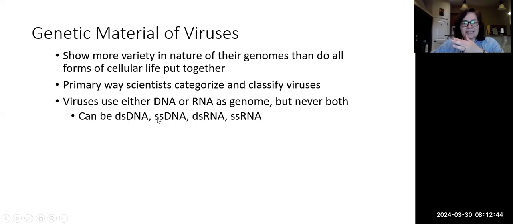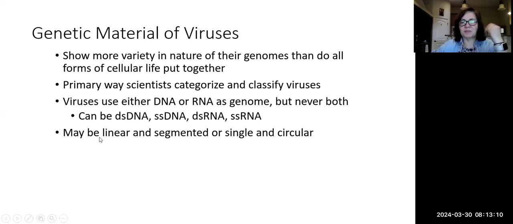And the DS and the SS stand for double-stranded or single-stranded. And again, more bizarro world. Could be DNA that's double-stranded like we have, but there's some that have single-stranded DNA, some that have double-stranded RNA. What? Some have single-stranded RNA.